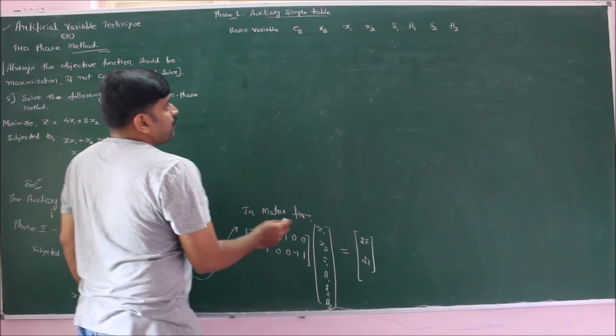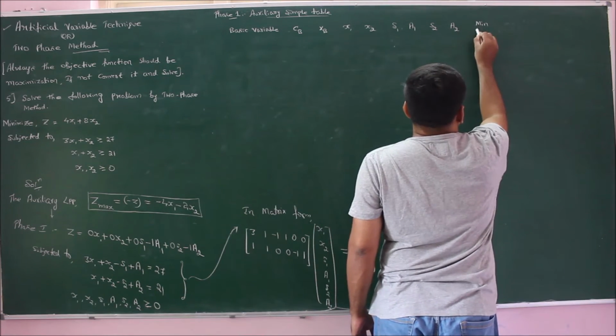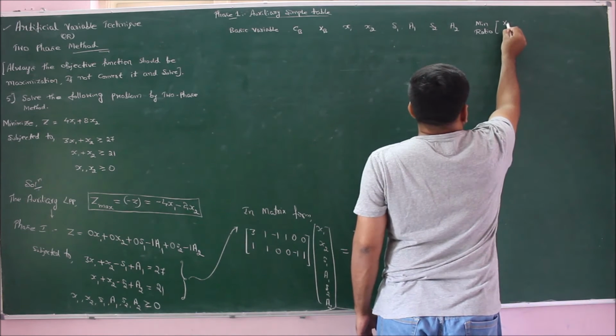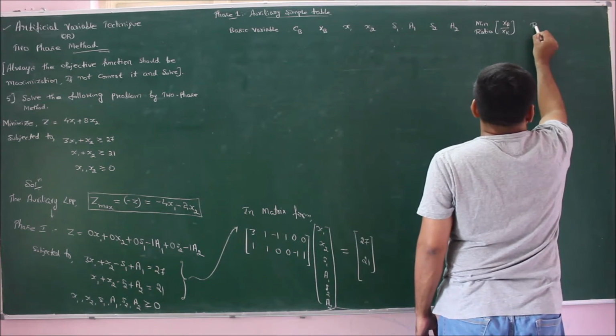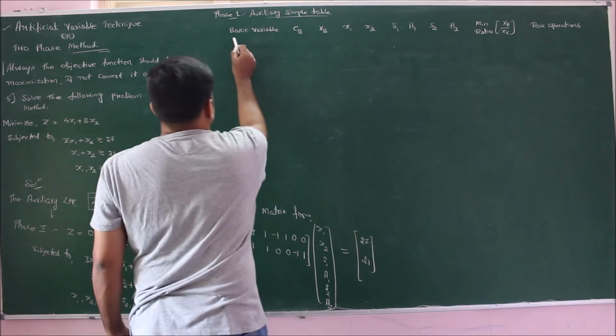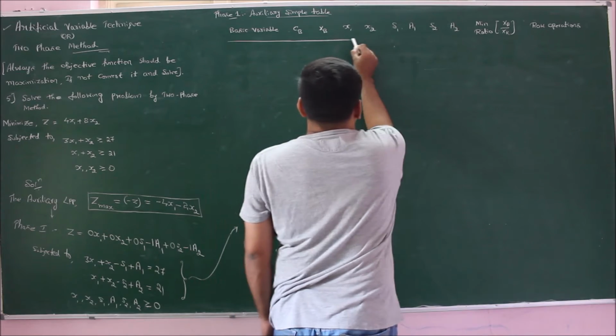Now after that I should calculate the minimum ratio of xb by xk, and I should perform the row operations. So this is the heading for all the tables which we will be using.